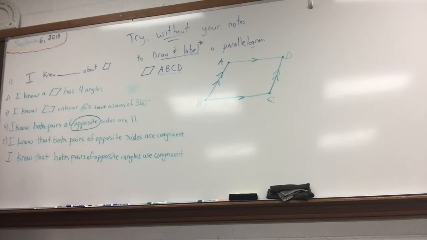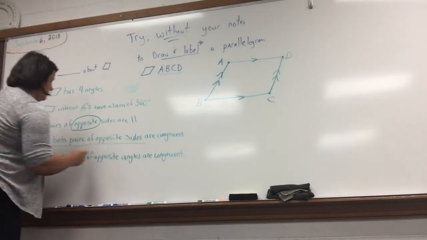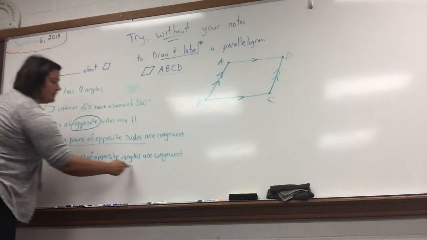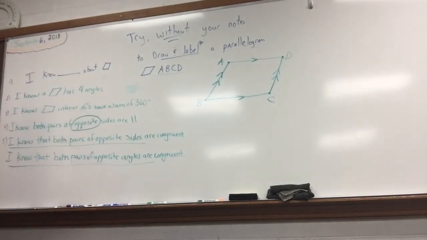How else are we going to mark this so we know it is a parallelogram? Come on, we have the information up here. So how are we going to take this information that we know and label our parallelogram? I saw people do this out there. Okay, Izzy? They have tick marks.